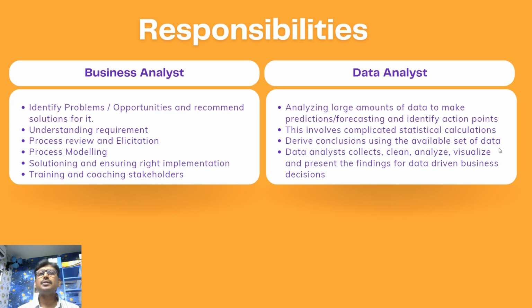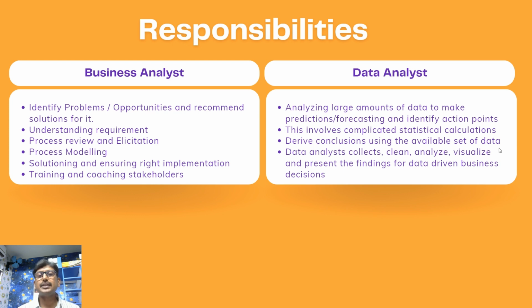So it's more about understanding the process, analyzing it, and finding the best solution as per the expectation of the stakeholder. To accomplish this task, there are certain steps which business analysts follow. First is understanding the requirement. Then they review the internal process documents and talk to different stakeholders.